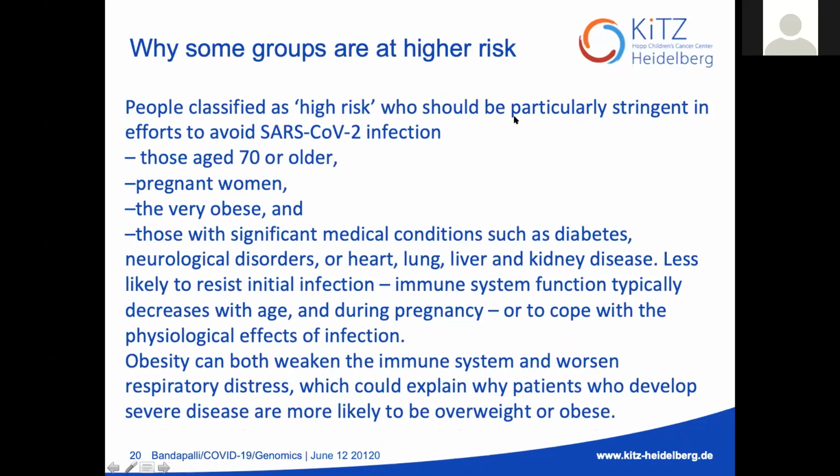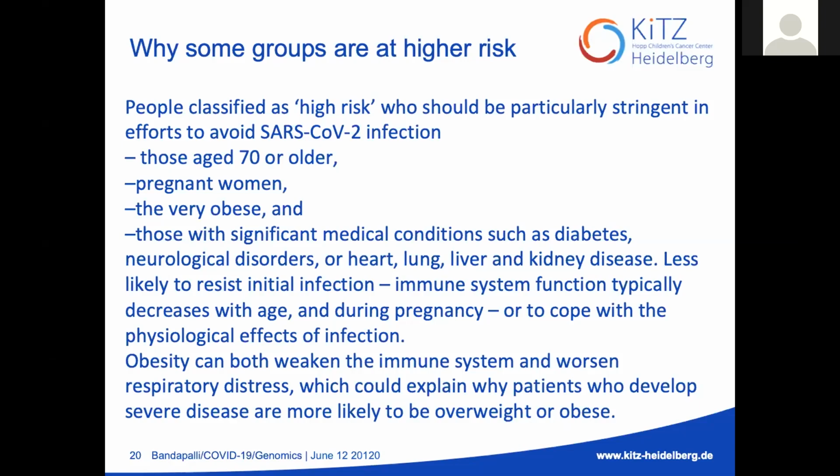People classified as high risk should be particularly stringent in efforts to avoid SARS-CoV-2 infection. These are those above 60, and 70 and older, pregnant women, the very obese, and those with significant medical conditions such as diabetes, neurological disorders, and heart, lung, liver, and kidney diseases.